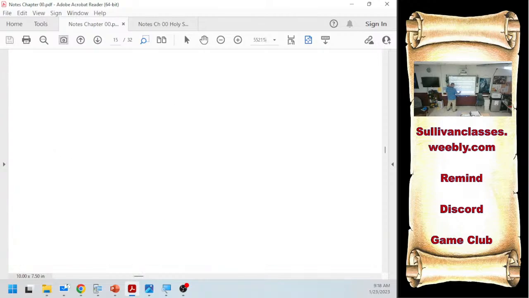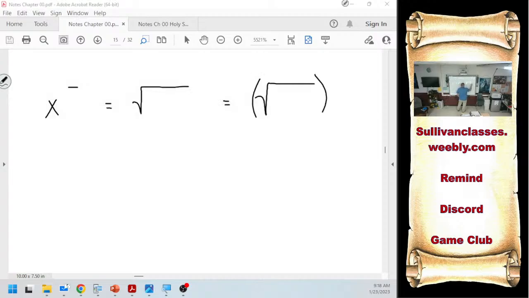Okay, if you need to see it in its color-coded glory, perhaps we would say x to this thing is root of, x to this thing is root of x to this thing.